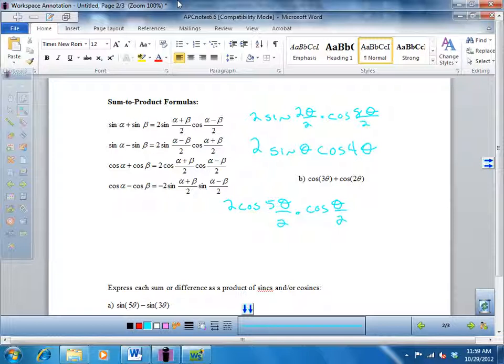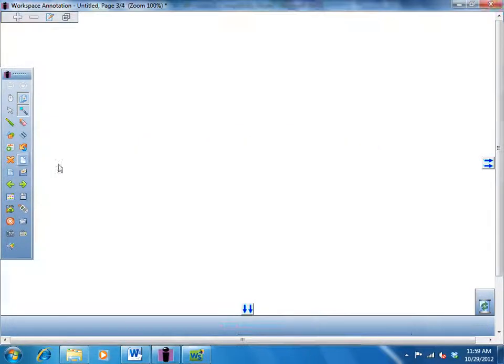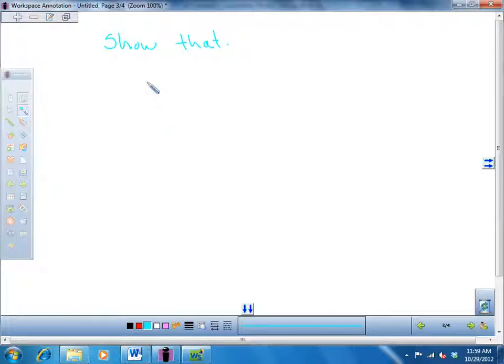So say you have an identity. This one's not on your sheet, but you have a couple like this on homework. So show that, and when they say show, that's kind of an identity.